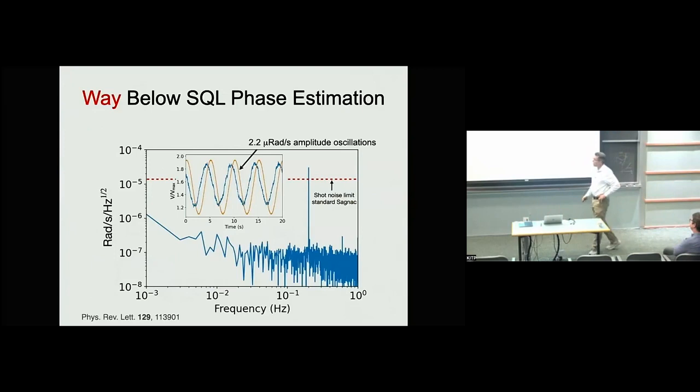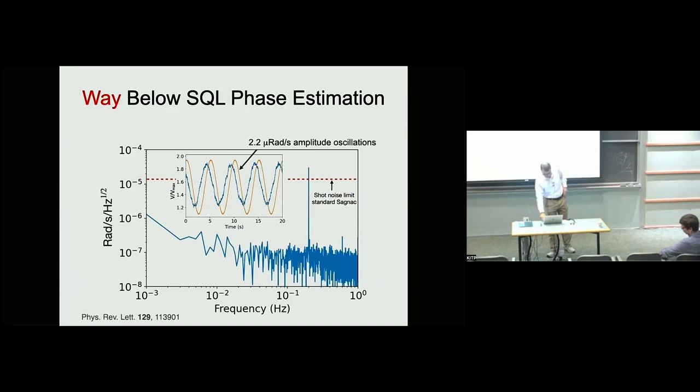So how well can it do? If I were to take a Sagnac interferometer with exactly the same power, exactly the same size, every parameter associated with a Sagnac interferometer, and use phase estimation, this would be the shot noise limit of the standard Sagnac. What we did is we put a 2.2 microradian rotation on this platform, and at this particular frequency, the amplitude spectral density shows that we are orders of magnitude below the shot noise limit for phase estimation.